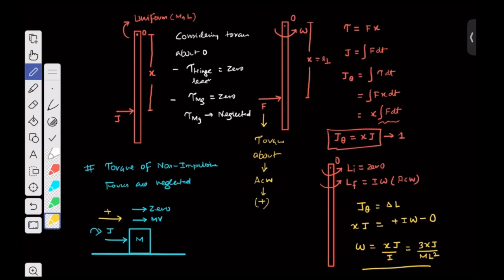Okay, copy this thing everyone. After copying, tell me. Copy this one everyone.